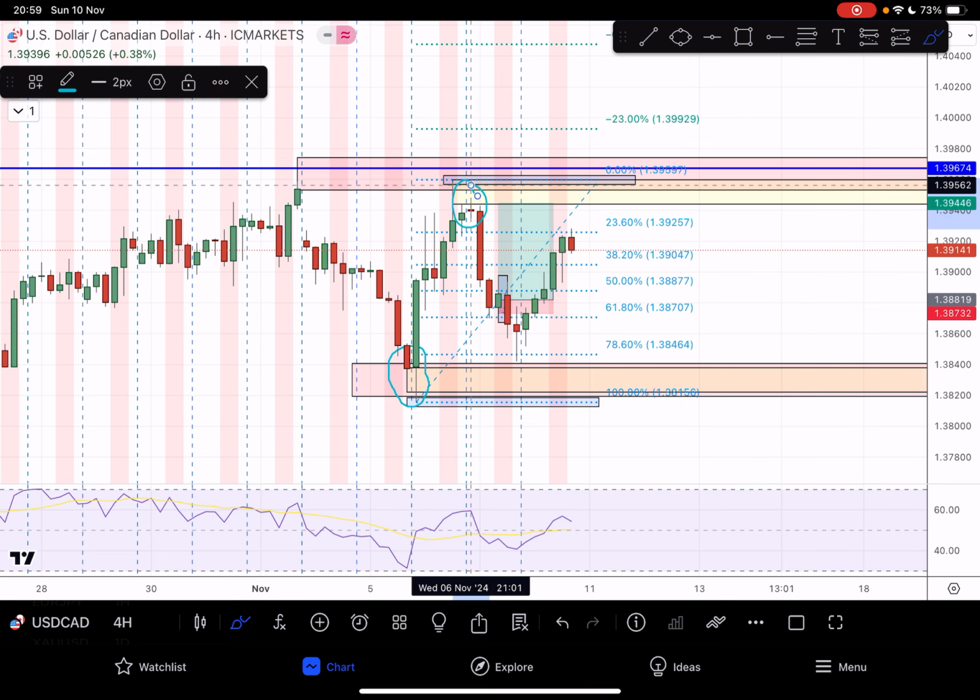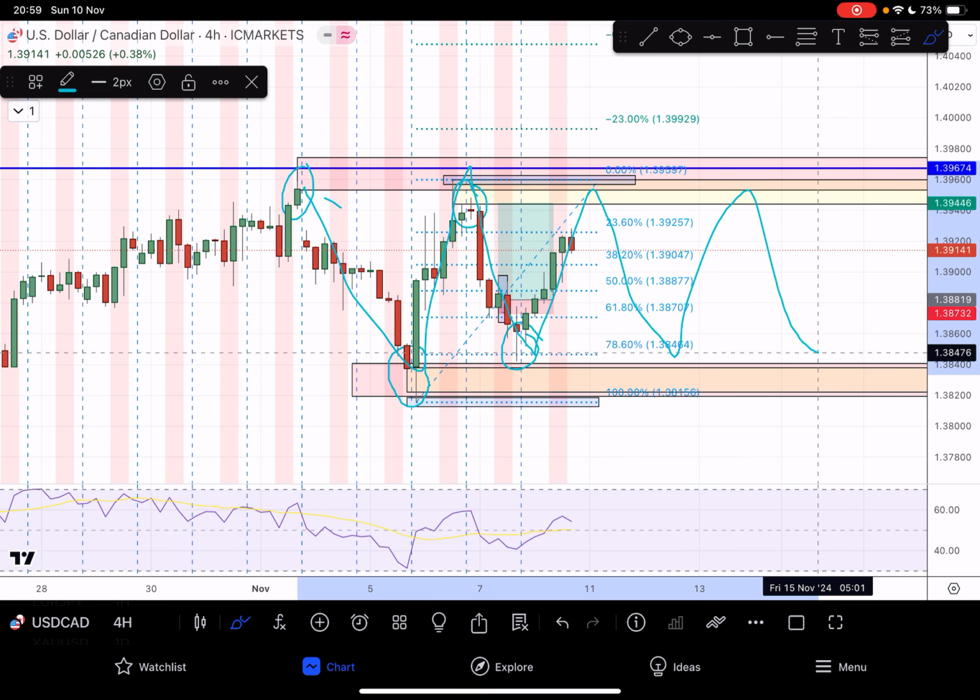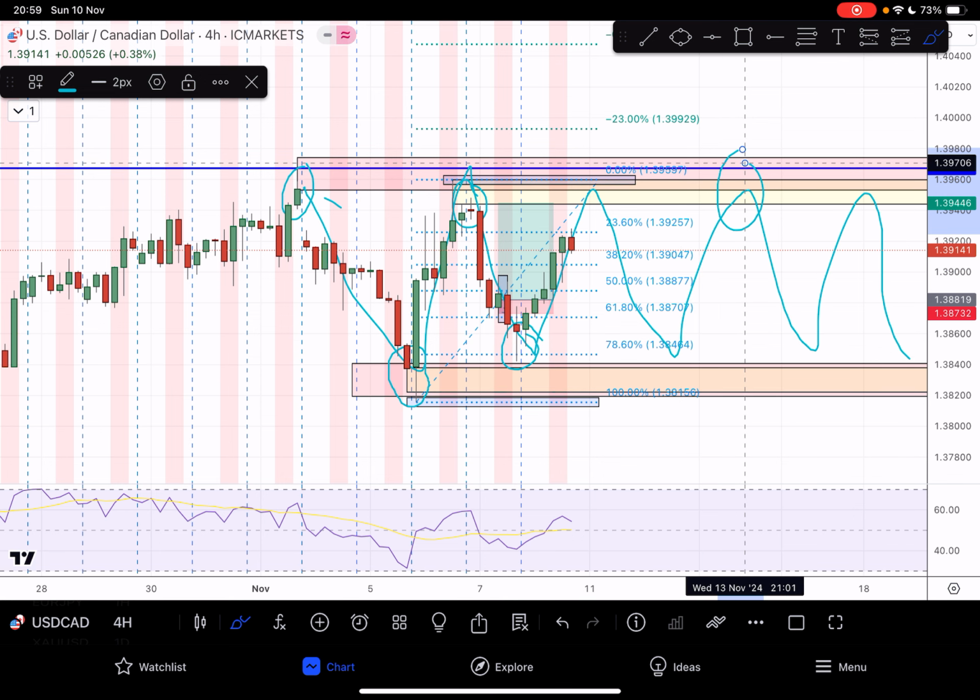Here is your higher high. Here is your higher low. You see how price is moving from one level to another. So when it's here we sell, when it's here we buy. It's as simple as that.